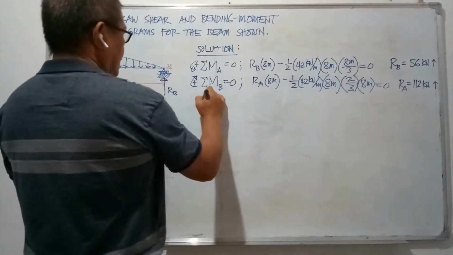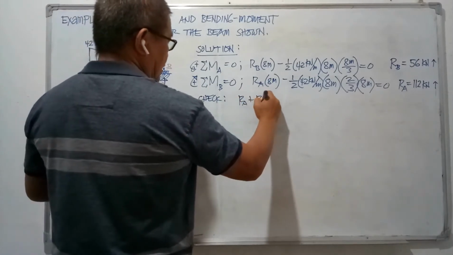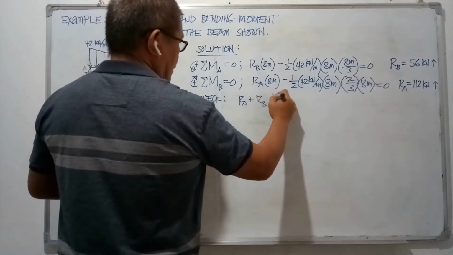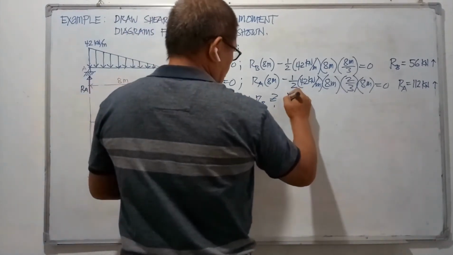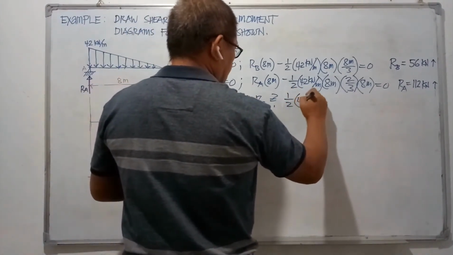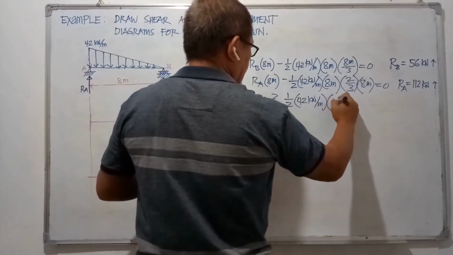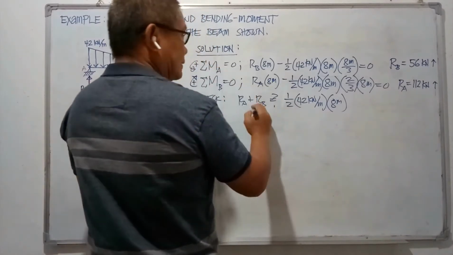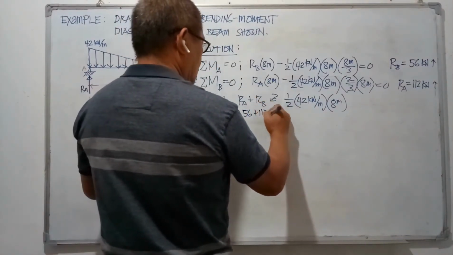So to check the reactions, R sub A plus R sub B will be equal to 1/2 times 42 kilonewtons per meter times 8. Yeah, 56 plus 112.